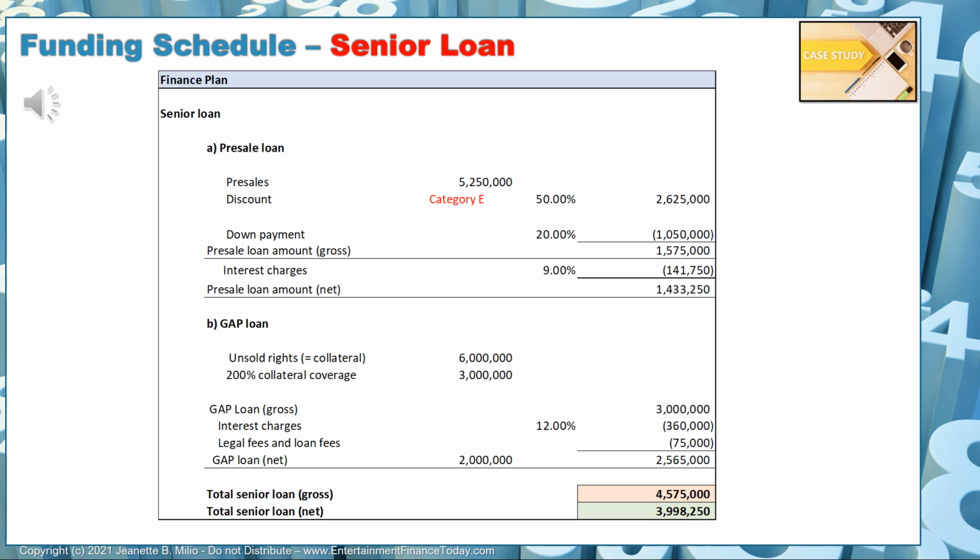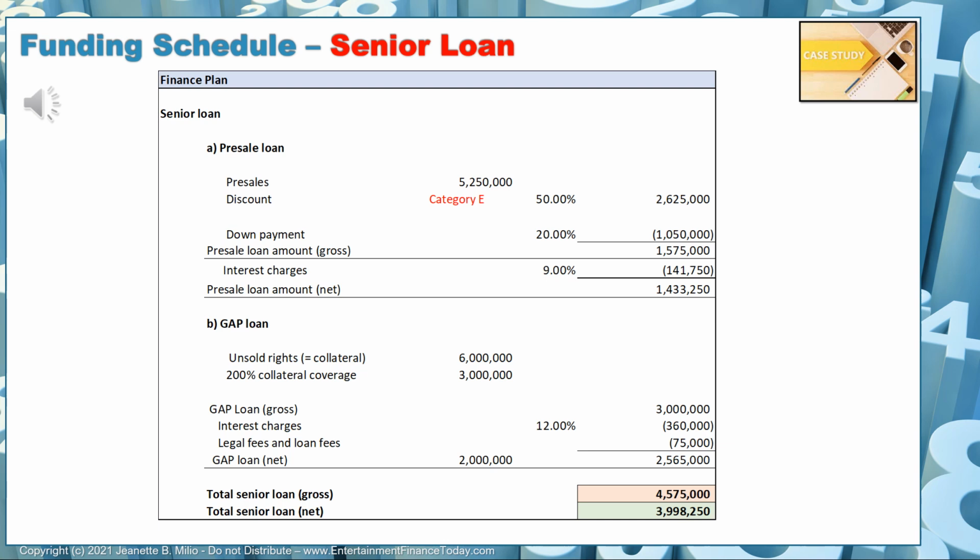They will calculate them at 9% of $1,575,000, which is $141,750. The bank will deduct this interest from the pre-sale amount they give us, which is why the pre-sale loan net of these interest charges is $1,433,250, and that is the amount we will actually receive from the bank.